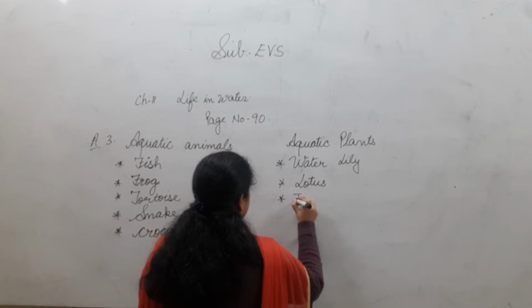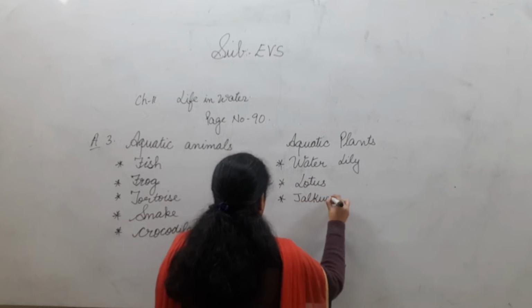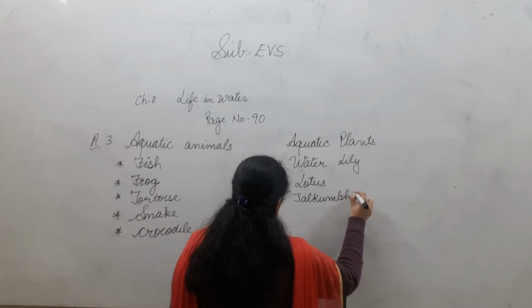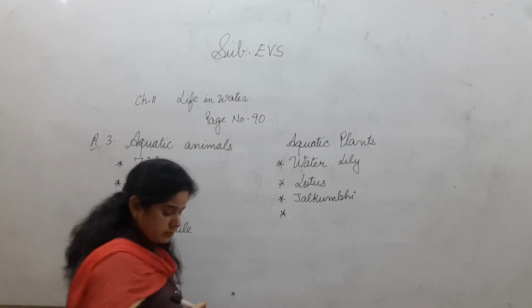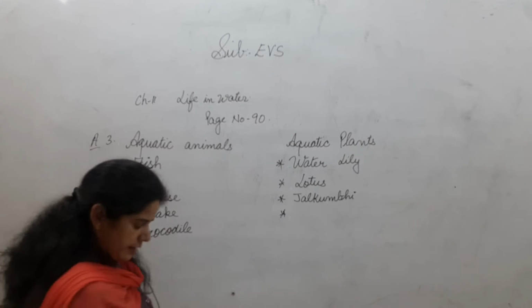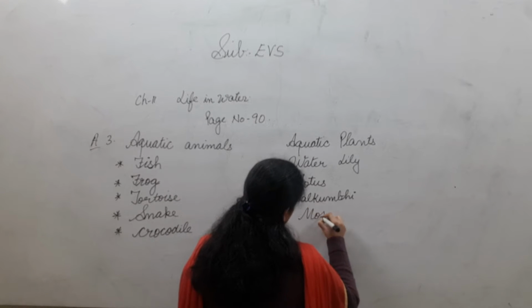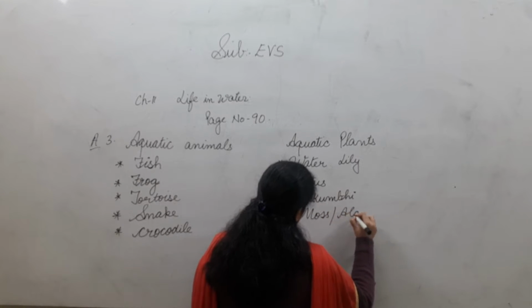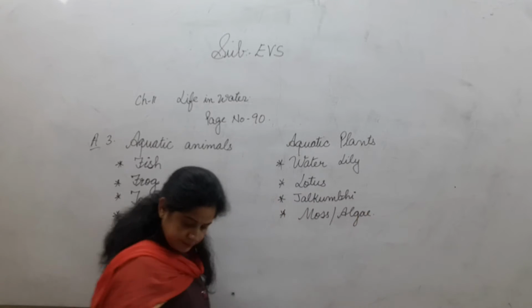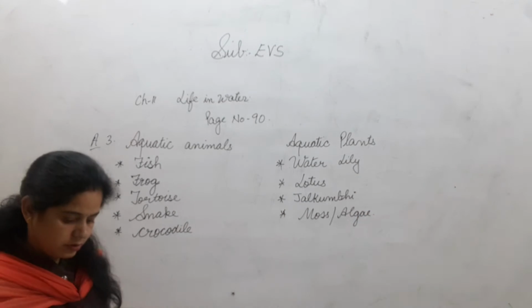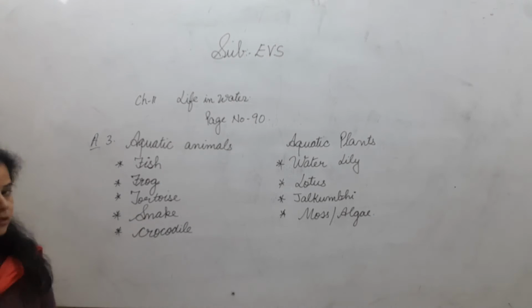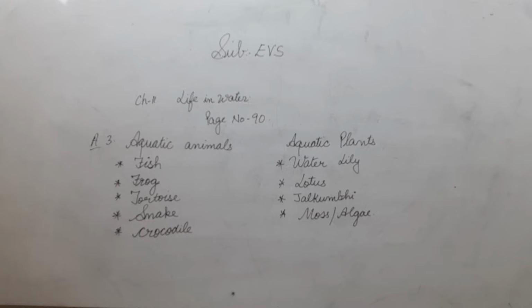Third is jalkumbhi, that is also known as Pistia stratiotes, and last one is moss or algae. So this is your third question. I have not written the question. You can write the question from the book. This is the answer.